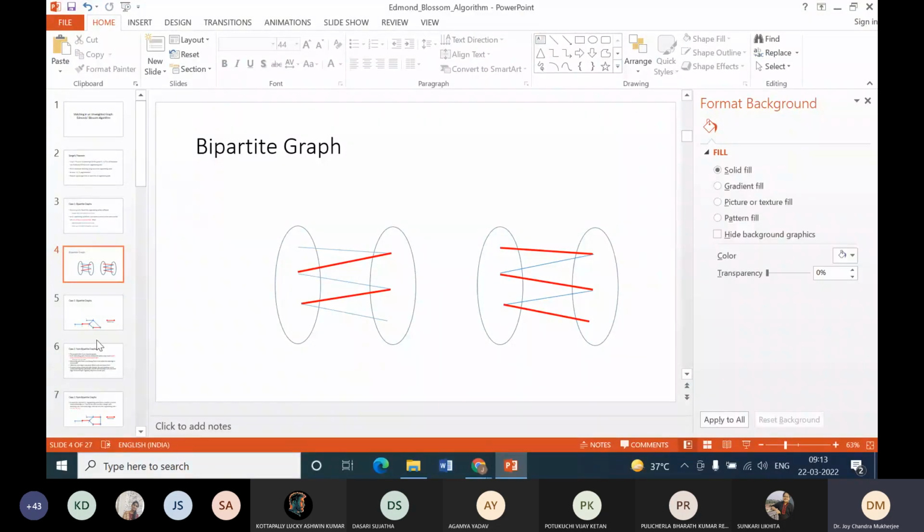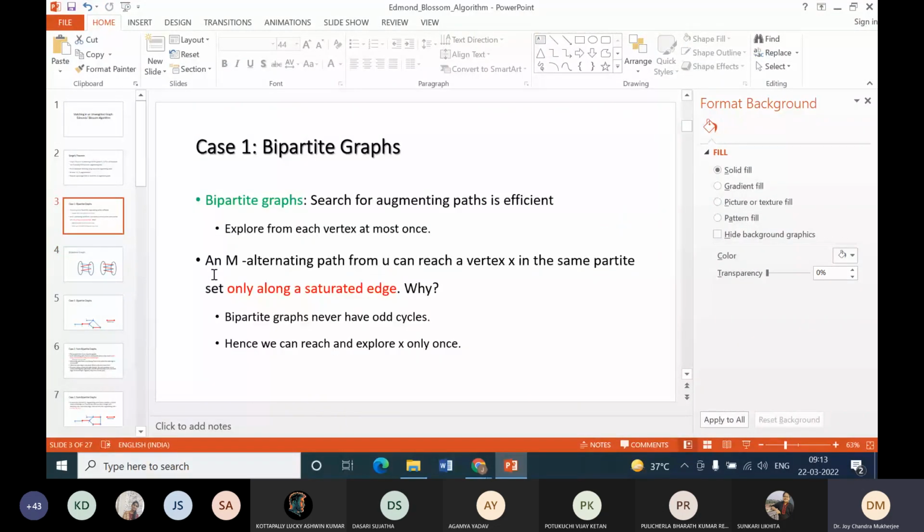An M-alternating path from U, which is an unsaturated vertex, can reach a vertex X in the same partite only along a saturated edge. And why is that always true for a bipartite graph? The reason is that a bipartite graph doesn't have any odd cycle. Even if it has a cycle, it always has an even cycle.